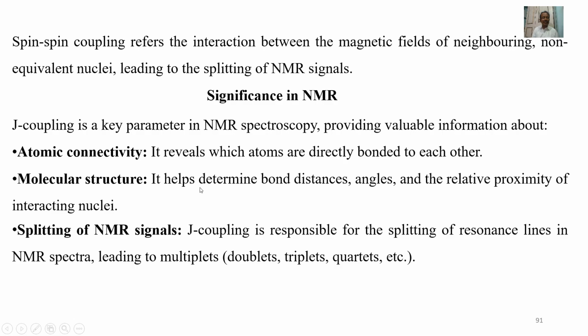It helps to determine bond distances, angles, and the relative proximity of interacting nuclei. 3. Splitting of NMR signals. J coupling is responsible for the splitting of resonant lines in NMR spectra, leading to multiplets, doublets, triplets, quartets, and so on.